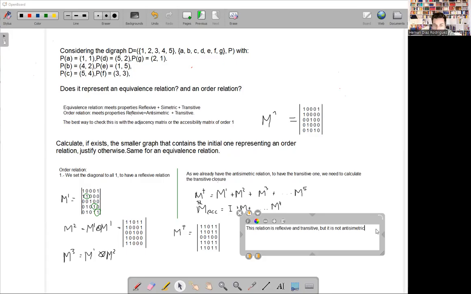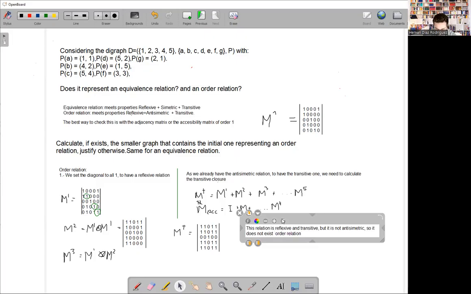Right? We have lost this relation. So the order relation containing the original graph does not exist.